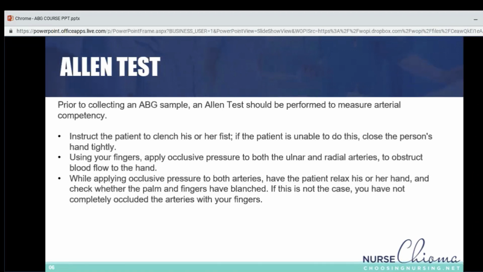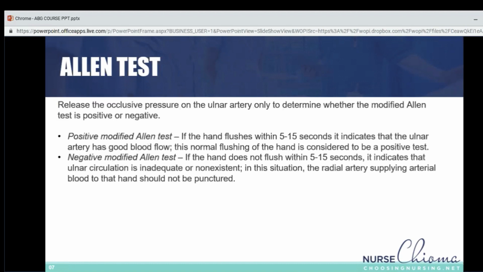So once you do this, because now we know there's adequate pressure, we can see if the arteries are competent as well. This is how you'll know. So then you're going to release the occlusive pressure on the ulnar artery to determine whether it is a positive or a negative Allen test.